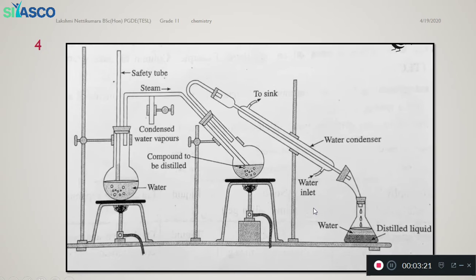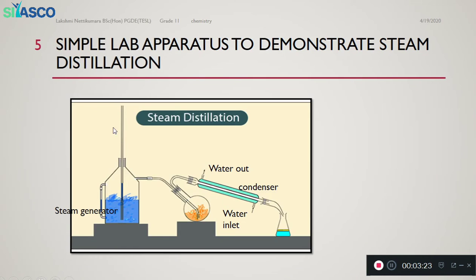So that is the principle behind this. This is a simple lab apparatus to demonstrate steam distillation. This is the steam generator. Here are the things that we want to separate, and the Liebig condenser, and the same procedure applies.